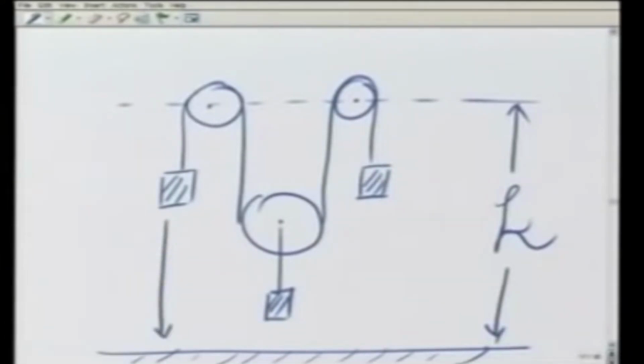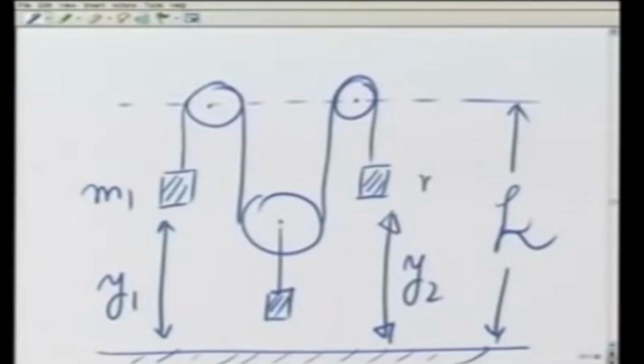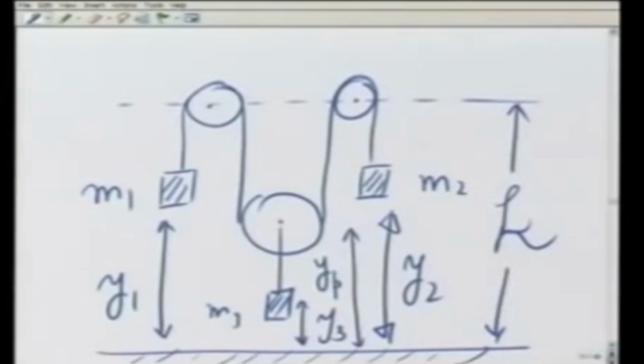This distance, let it be y1 for mass M1, let it be y2 for mass M2, let it be y3 for mass M3, and let it be yp for the pulley, because I am considering all the subsystems of this whole thing which are moving.